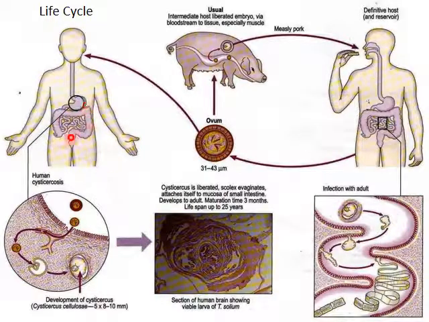Now once these eggs have entered the GIT, the liberated embryos then penetrate the mucosa to reach any part of the body through blood, and these then develop into the larval form, that is the Cysticercus cellulosae. The sites at which Cysticercus cellulosae are formed are subcutaneous tissue, muscle, brain or eye.